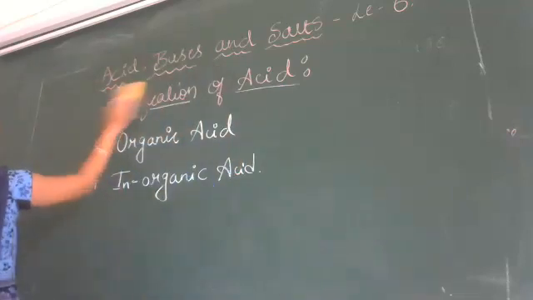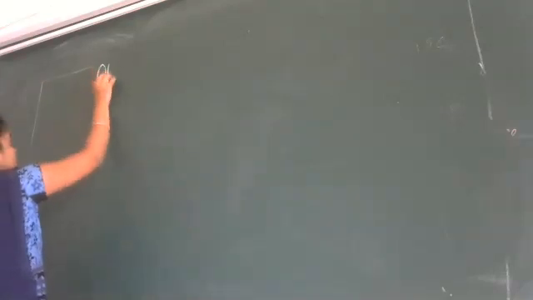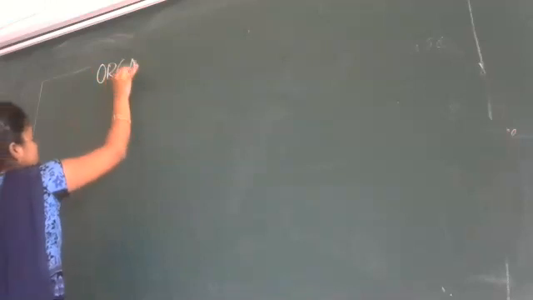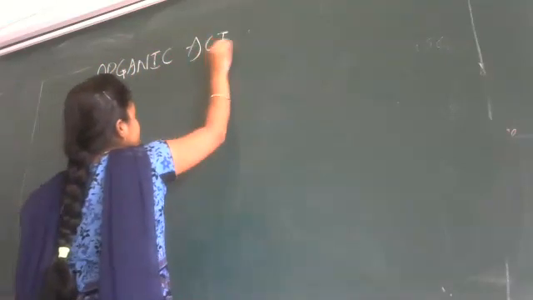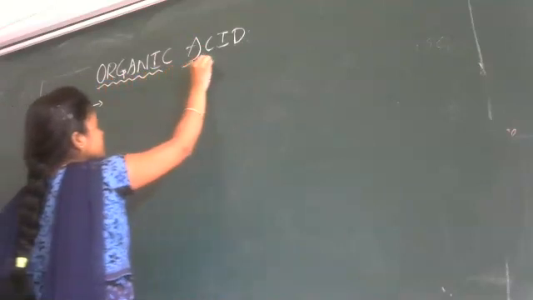So remember, acids are classified into two types. We'll see one by one. First one is organic acid. So what is meant by this? Organic acid.